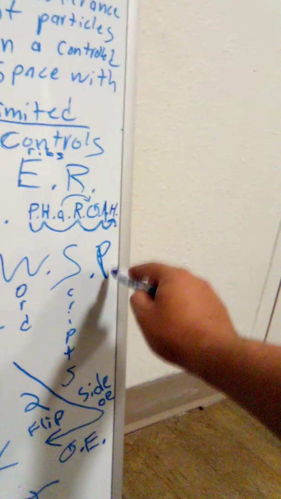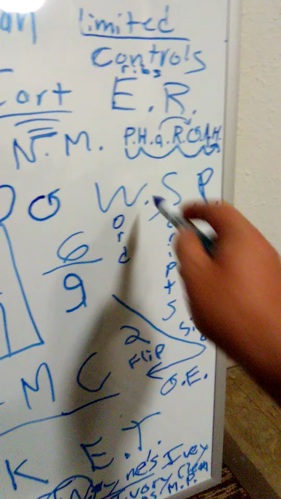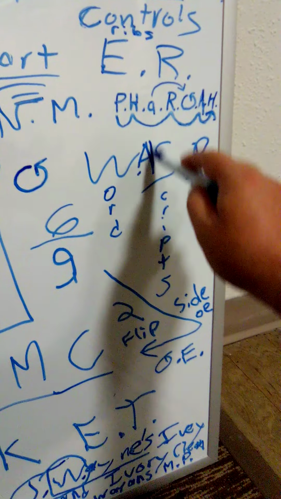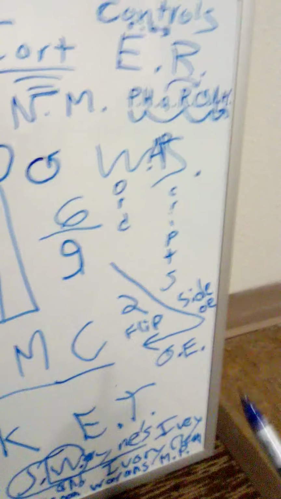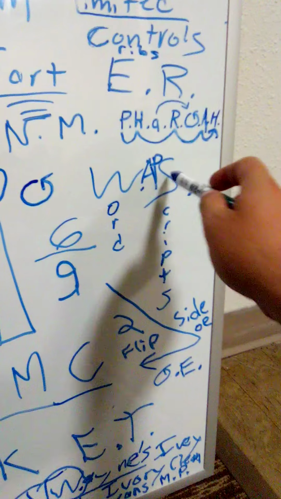And they wonder, they say, what is that? Well, we don't want word systems press, because that's a bad wasp. That's why we call it WAP. See? Wise American Press System.